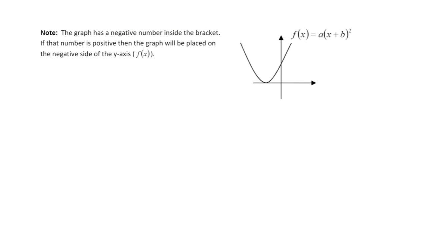Very quickly, let's do a recap with a slightly different graph. Looks very similar. We have -7 down here. Let's see if we can find the turning point and the axis of symmetry.